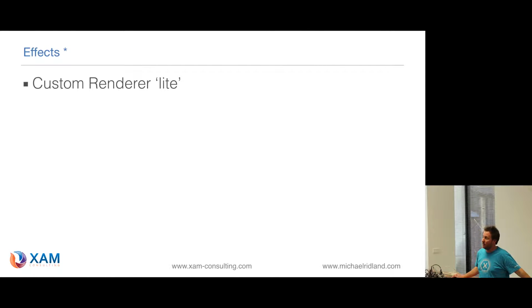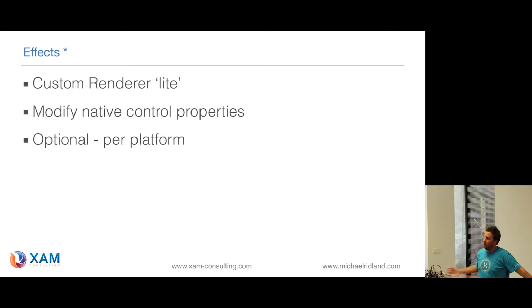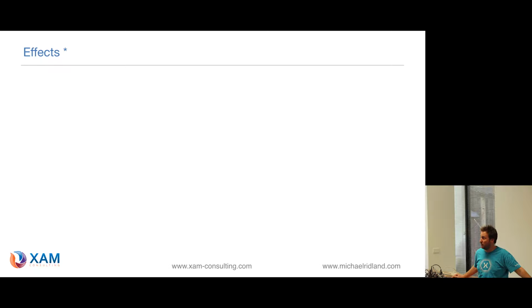So effects. Custom renderers are good because you can do native code, but people wanted a light version where they didn't actually have to do a lot of inheritance. They could just add a feature on to a Xamarin Forms control. So with effects you basically attach an effect to any Xamarin Forms control, and then you can modify the native control properties. It's done via composition, so there's no inheritance involved. You can add multiple effects to the Xamarin Forms controls.